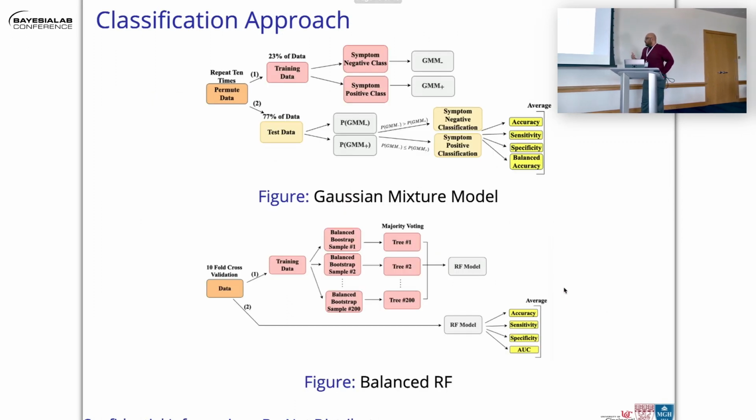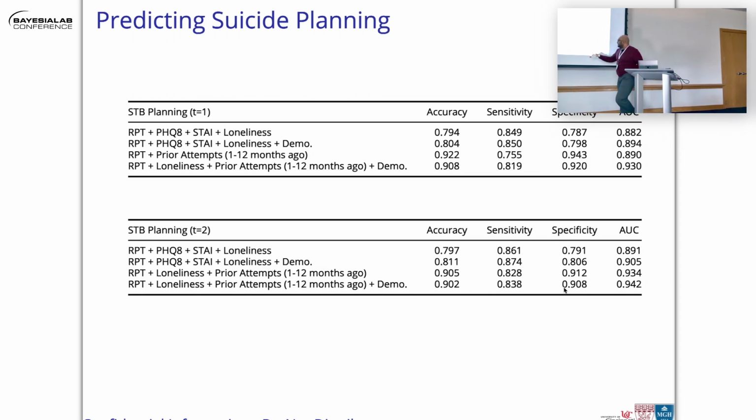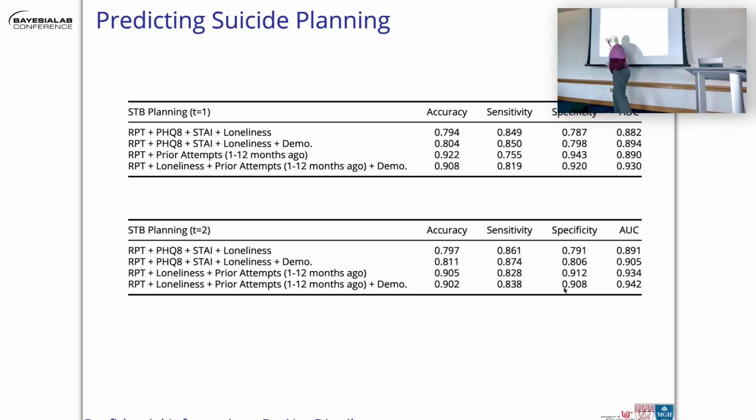I should thank Gabriel for going through all of this in the morning, so I don't have to regale the same story to you. But the classification approach that we used is a balanced random forest approach. And some of the things that we were able to predict using these are the 15 relative preference variables.